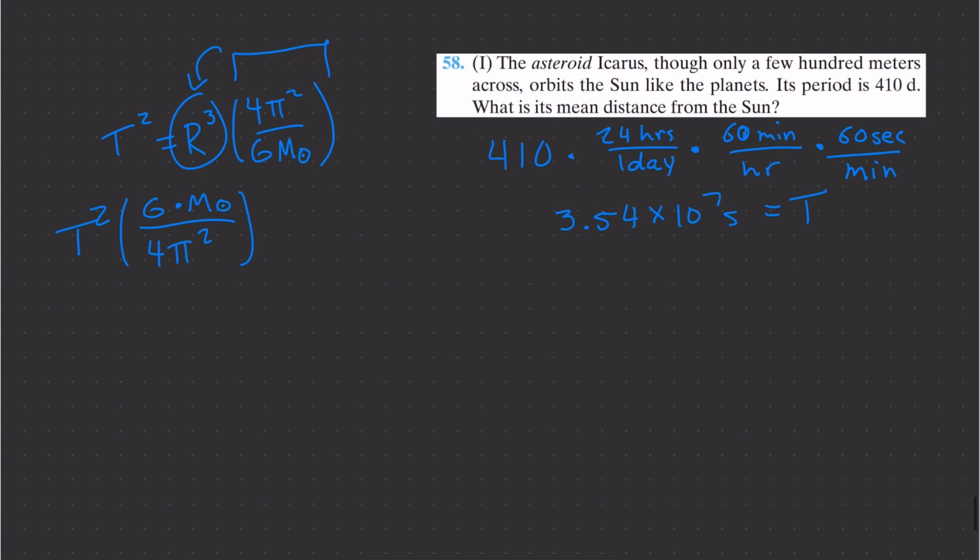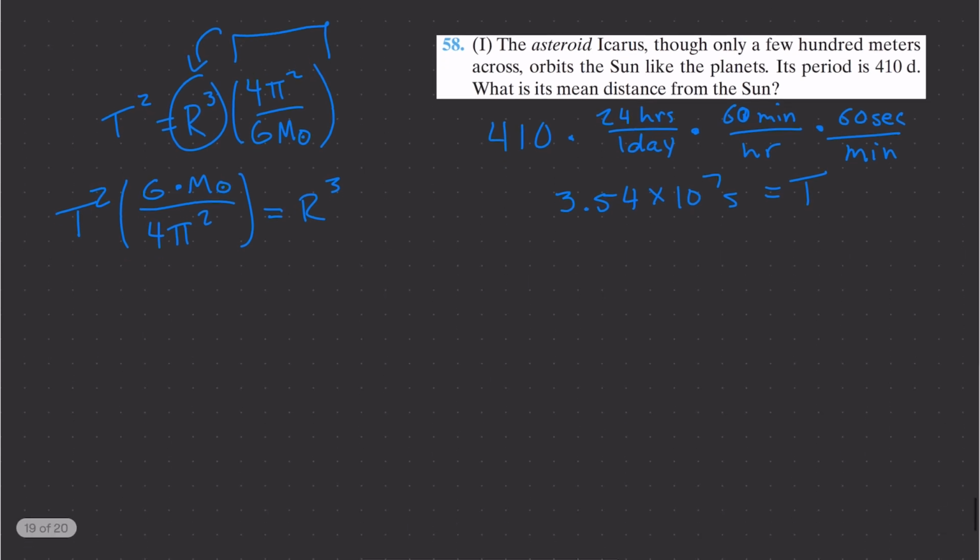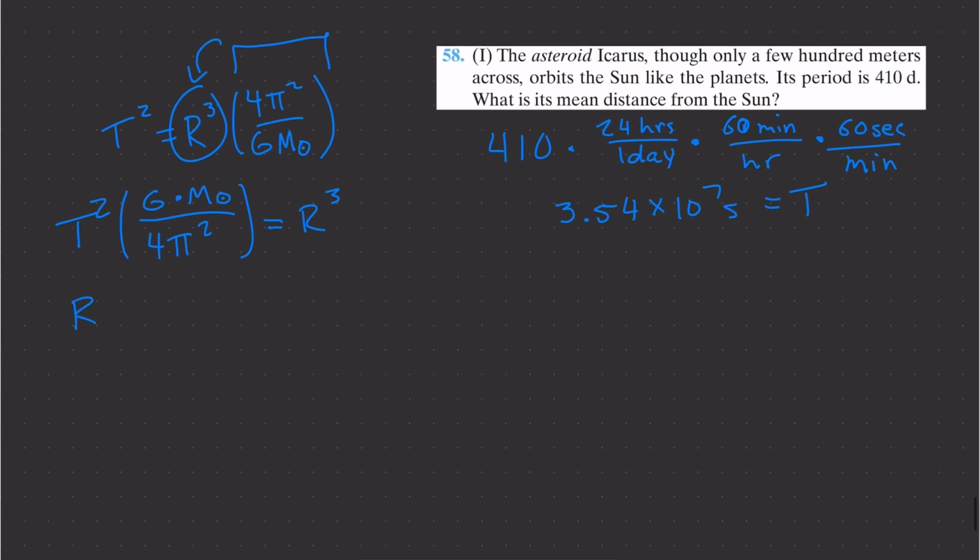Now that should all be equal to R cubed. And then if I take the cube root of this whole thing, I can say that R is then equal to the quantity T squared times G times the mass of the sun over 4 pi squared, to the power of 1/3. And that's the same thing as the cube root.